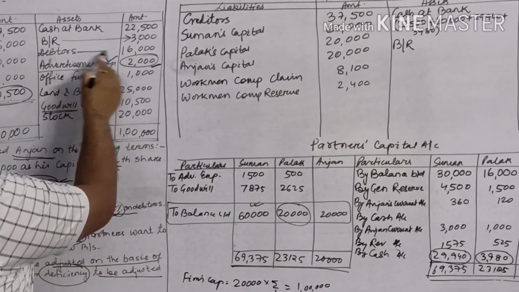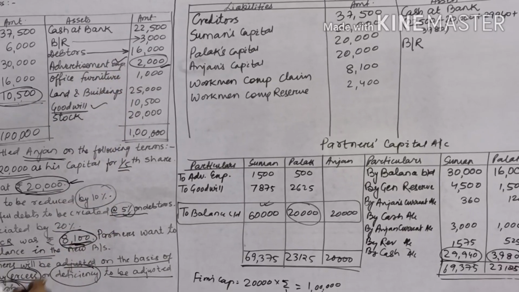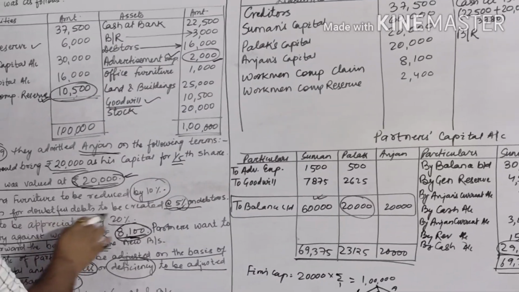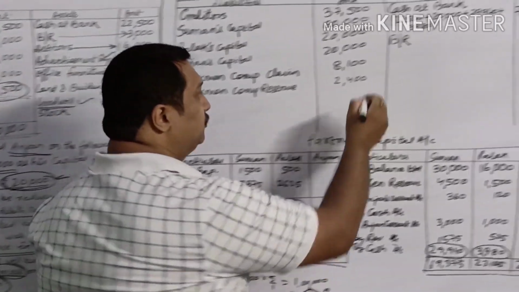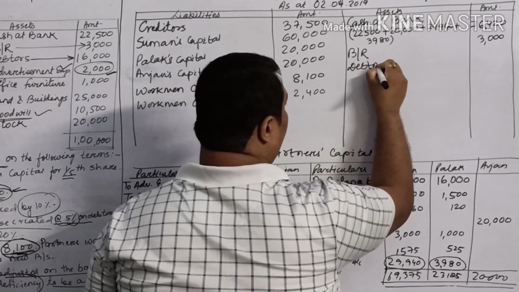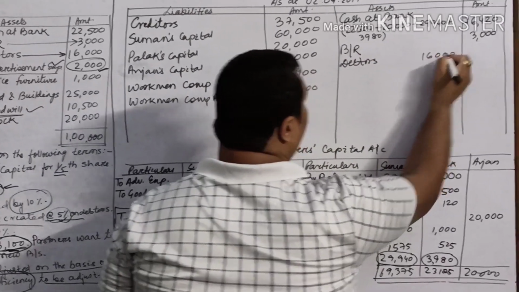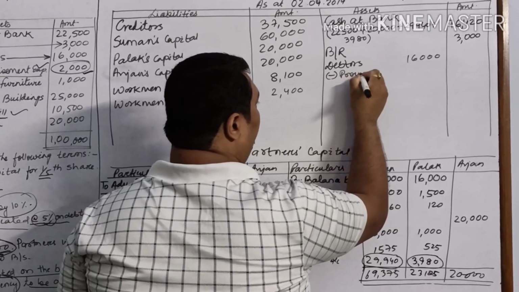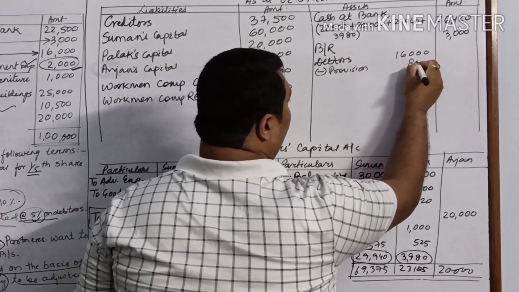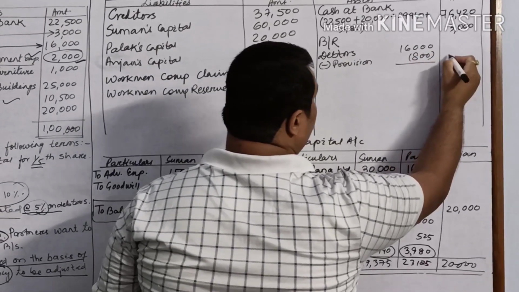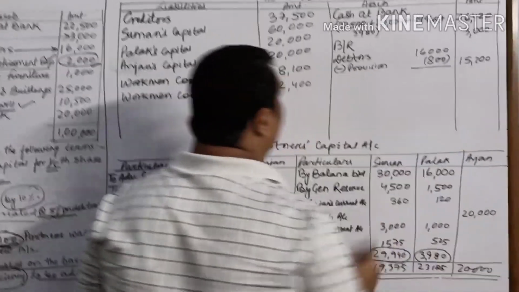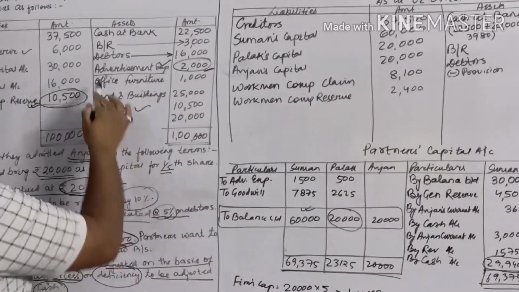Next item is debtors, and we have an adjustment. Provision was there for the doubtful debts, so we will write debtors 16,000 minus provision. This was 5% of this, rupees 800, so 15,200 will be for the debtors.